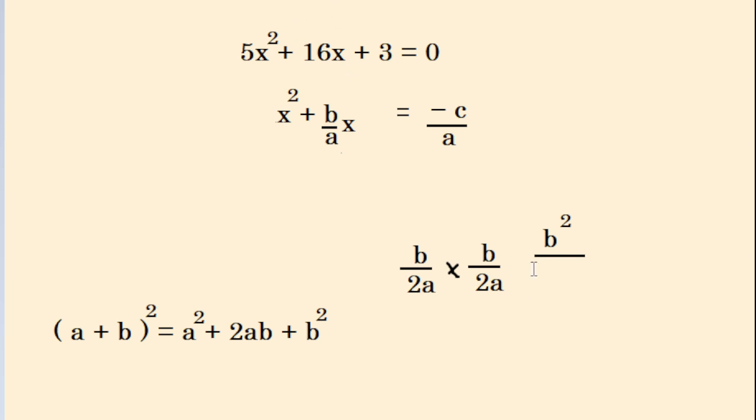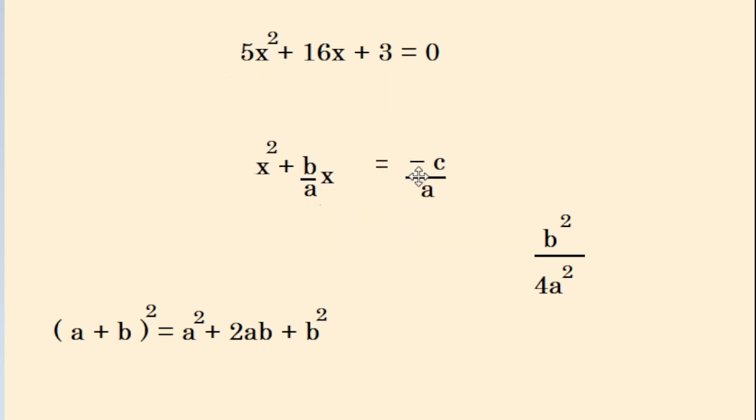And a times a is a squared. So this is the result. That's that little square we draw in the corner. This is what we need to add to have a perfect square.